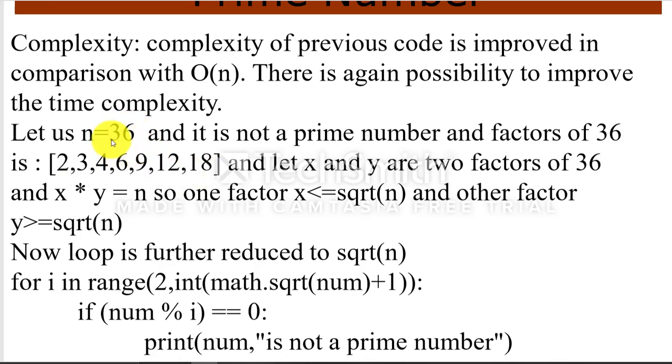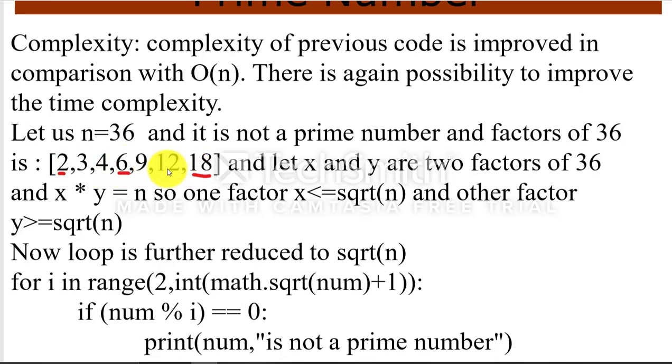And 36 can be formed by multiplication of any two factors. So 2 multiplied by 18 is 36. So these are two factors, and definitely one factor is less than 6, and one factor is greater than 6.